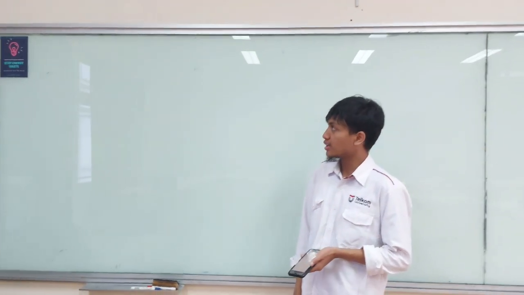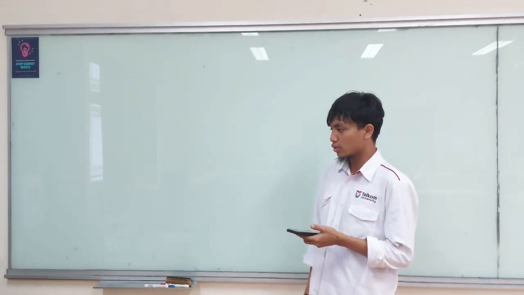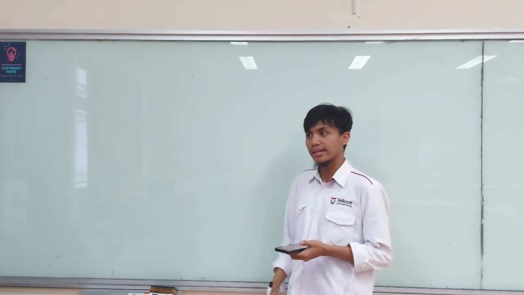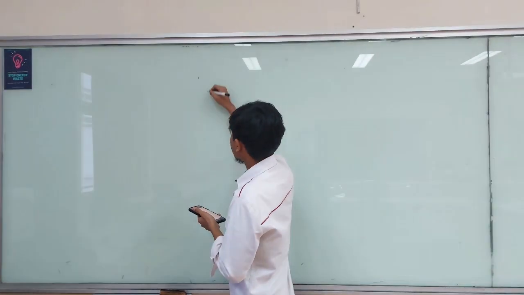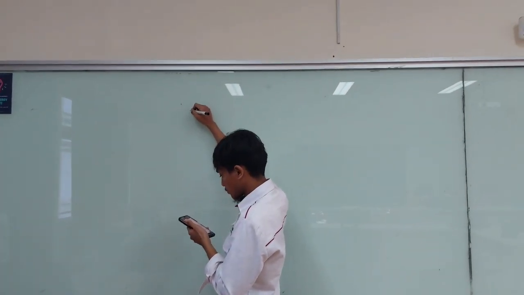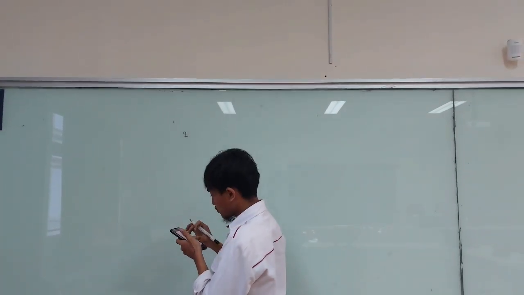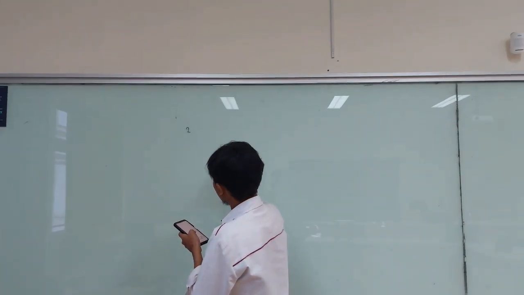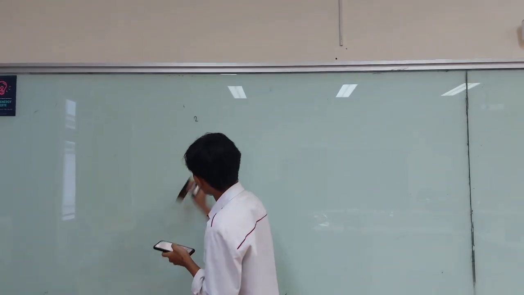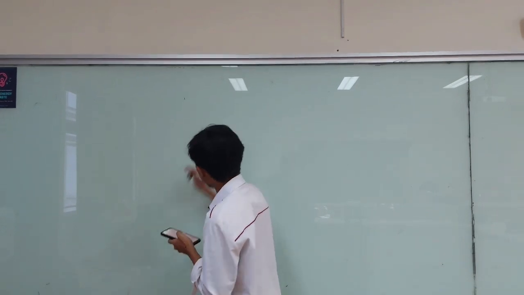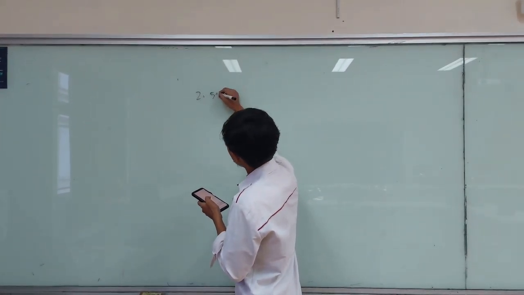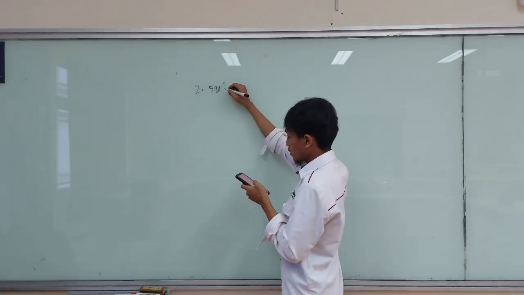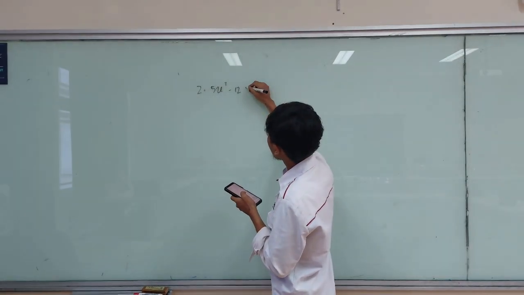Okay, the second is about total differential, where we have to make the partial of it. Put the example, there is a function Z equal to 5x squared 12y.